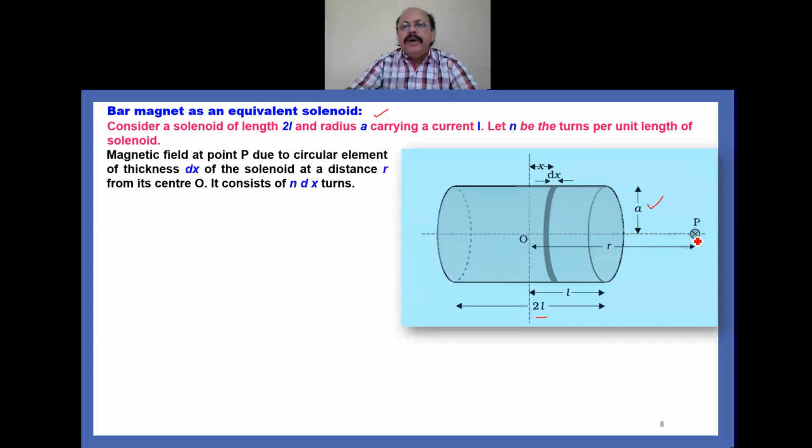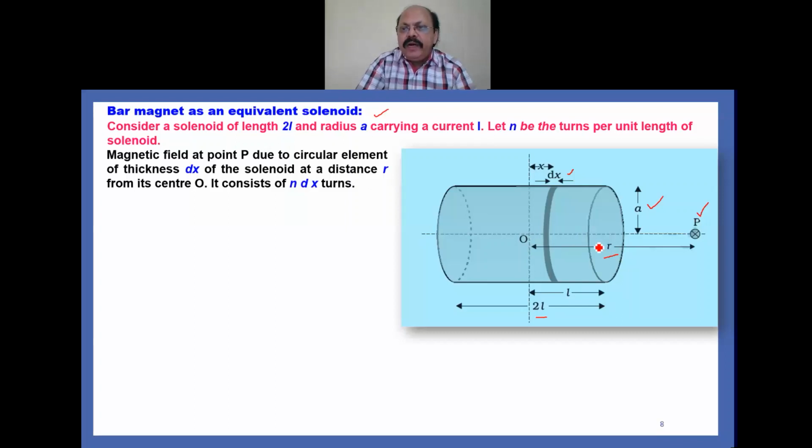For that purpose, we divide the solenoid into small circular elements of thickness dx, which is at x distance from the center of the solenoid. Let P be a point on the axis of the solenoid at distance small r from the center of the solenoid.